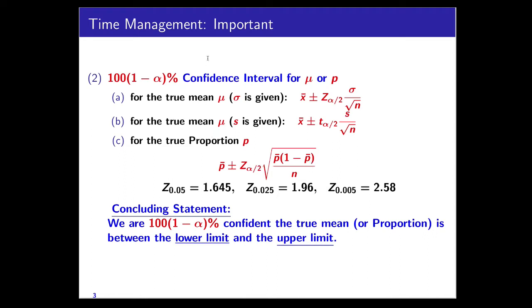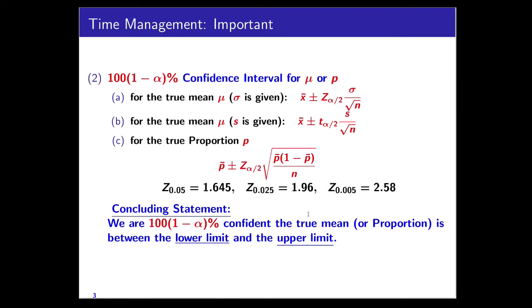For case number 1 and case number 3, this critical value z sub alpha over 2 will come from one of those three values. Z of 0.05 is equal to 1.645. Z of 0.025 is 1.96. Z of 0.005 is 2.58.